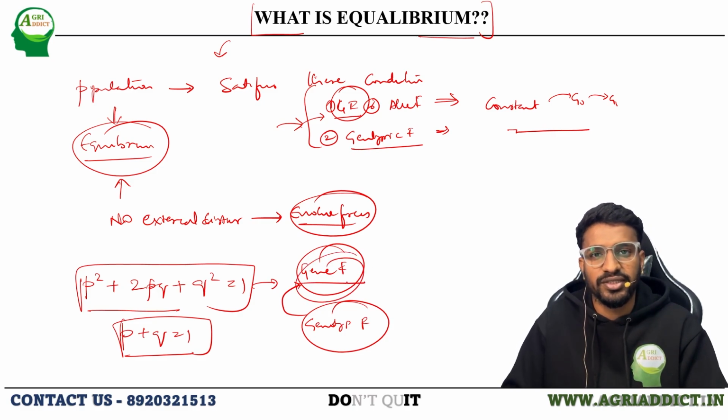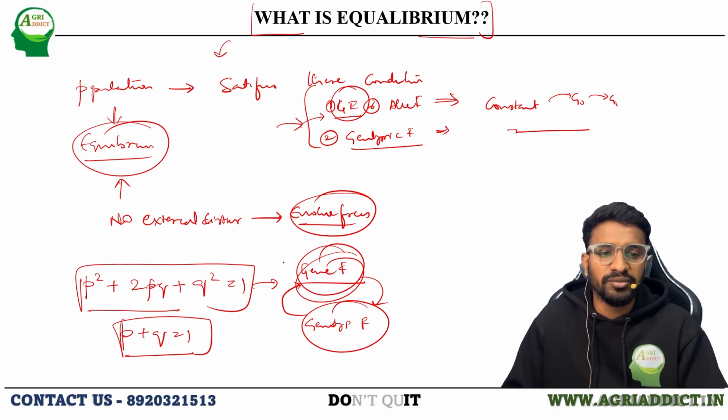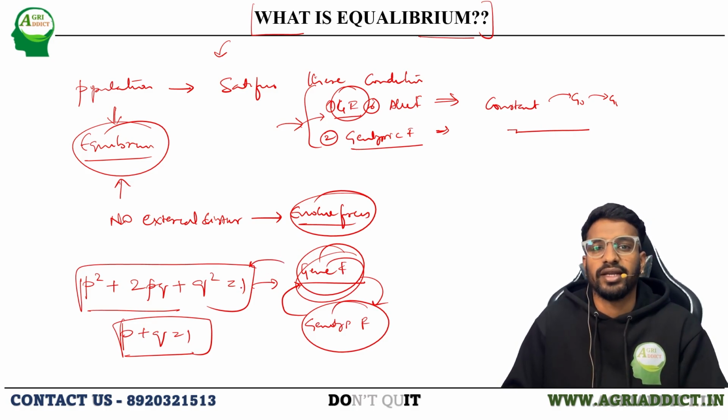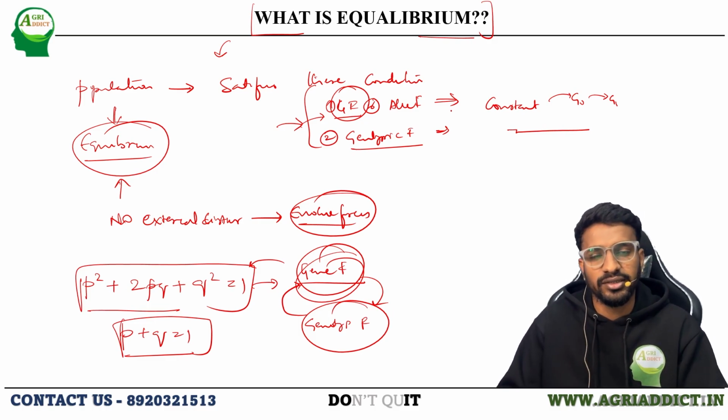And if the gene frequency is already given, we can easily calculate the genotypic frequency just by applying the formula. This is the practical implication of the Hardy-Weinberg law. We are going to discuss these practical implications in the upcoming slide.